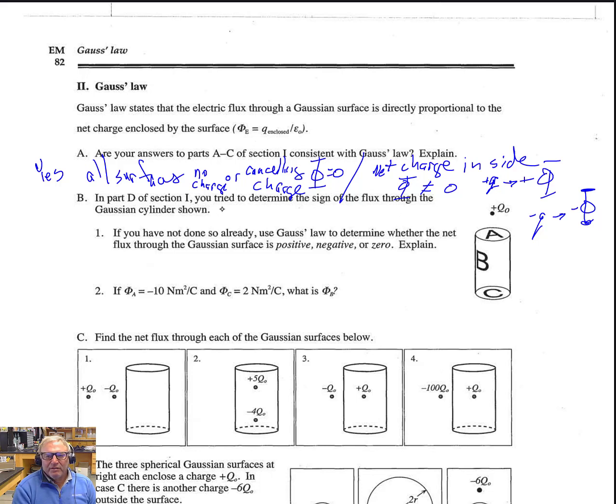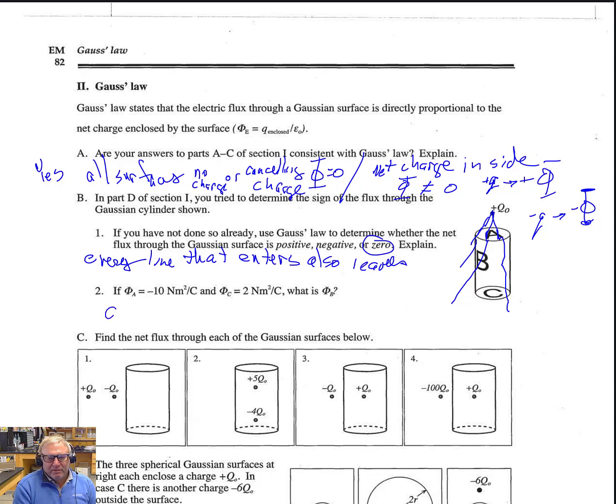Part D of section 1, try to determine the sign. Okay, you tried. The net flux is 0, because once again, every line that enters also leaves. So they're all going to enter into A. Some are going to exit through C, some through B, etc. But all that enter leave.